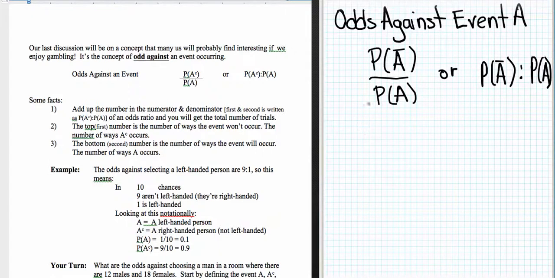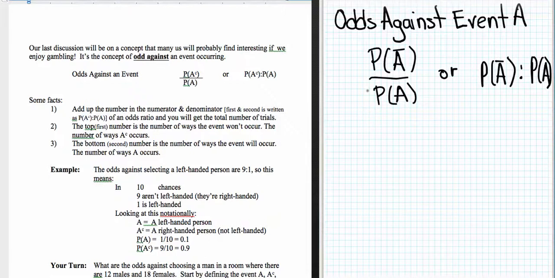Now, one of the things that we note about this fractional representation is that if you add the numerator and the denominator, that's going to tell me the number of ways that it can occur, right? This is the total number of trials, in other words, the number of simple events. That's another way of looking at it if it's classic probability.